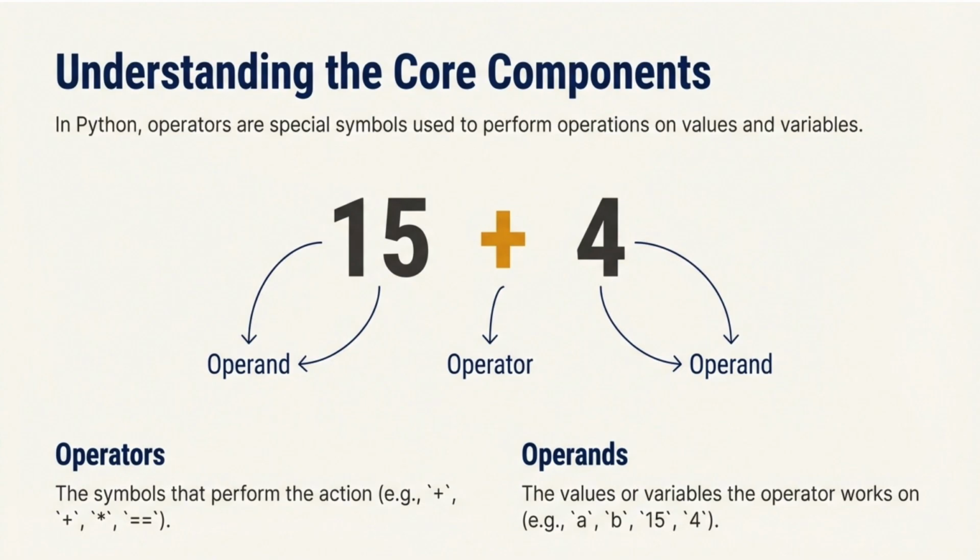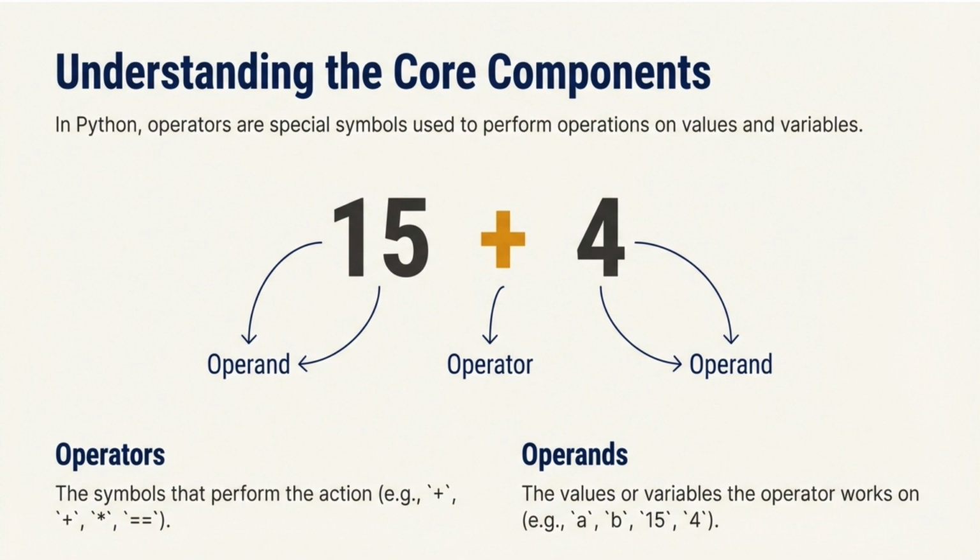Operators are symbols that tell Python to perform specific operations on values or variables. They help us add numbers, compare values, evaluate conditions, and much more. In Python, operators are special symbols that perform actions on values or variables. Here, you can see the expression 15 plus 4. The numbers 15 and 4 are called operands.